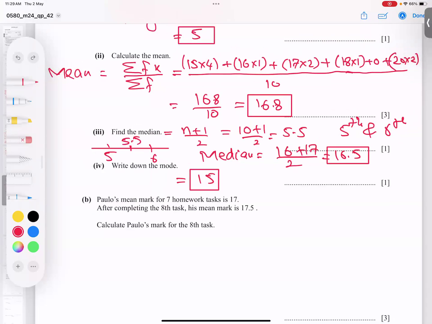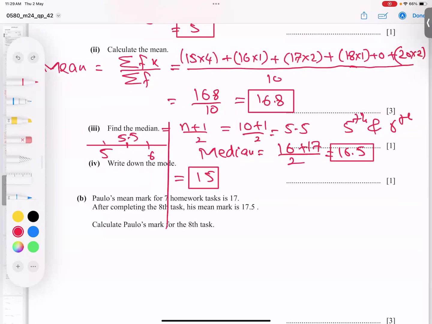You know, students, we have a formula. What is this one called? Sum of the values. What is this called? Number of values. So the basic formula, I'm writing it here. Basic formula is what, the mean formula? Basically, the basic formula: sum of the values over number of values. This is the basic formula.